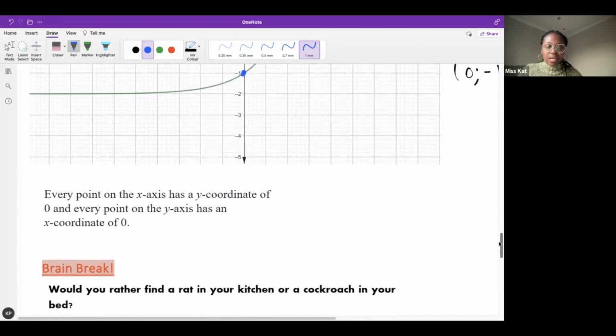Okay, first one. Would you rather find a rat in your kitchen or a cockroach in your bed? Rats. Guys. Okay, I get it. If I found something in my bed, I wouldn't sleep. Like that would be the end of it. I would stay up the whole night doing this. It's too personal if it's in your bed. There's no way.